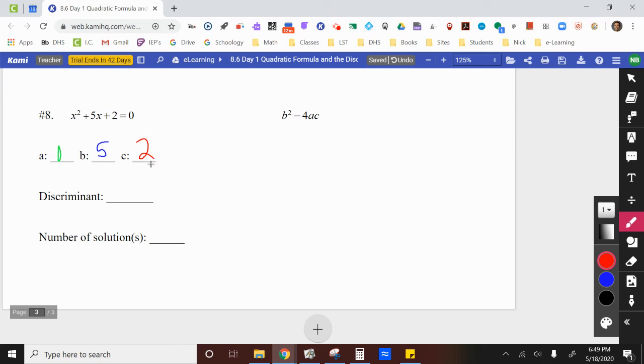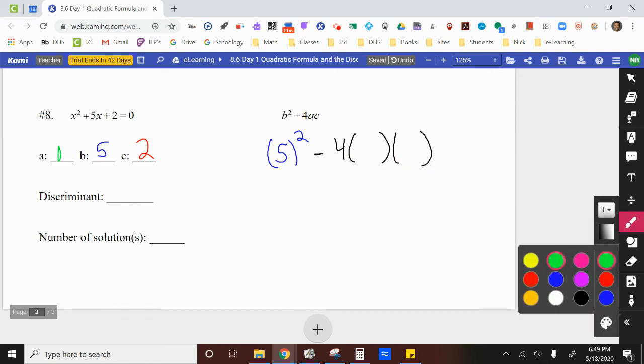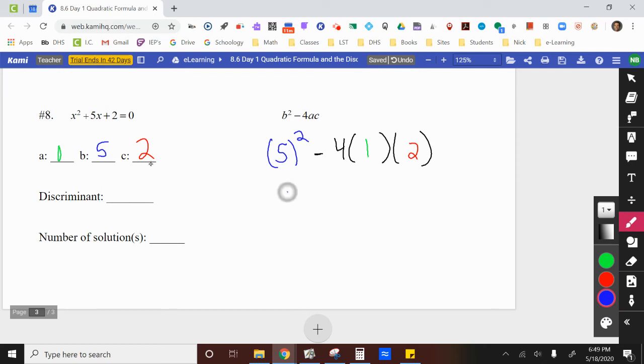Now I'm going to find my discriminant, my b squared minus 4 times a times c. So 4 times 1 times 2. My b squared, that's 5 squared, which gives me 25, minus 4 times 1 times 2, which gives me 8.